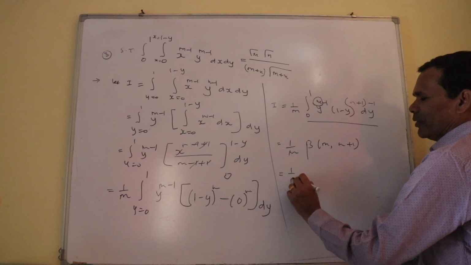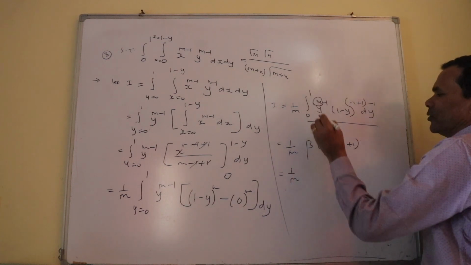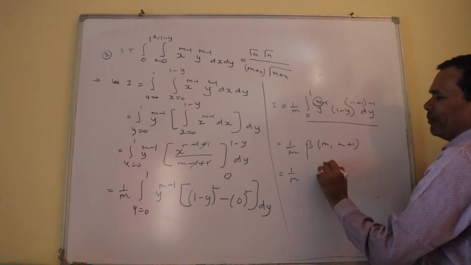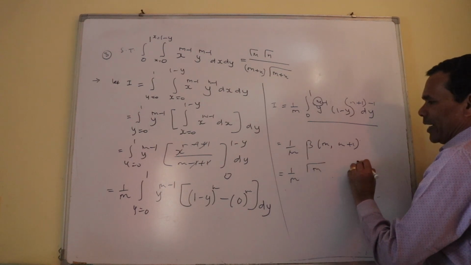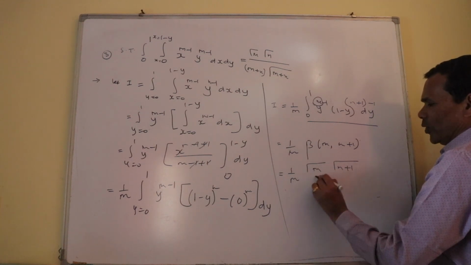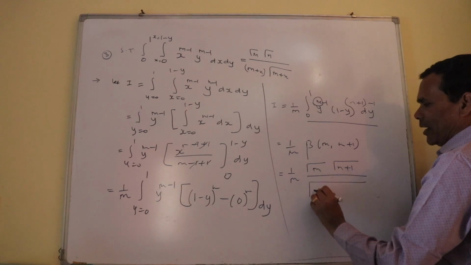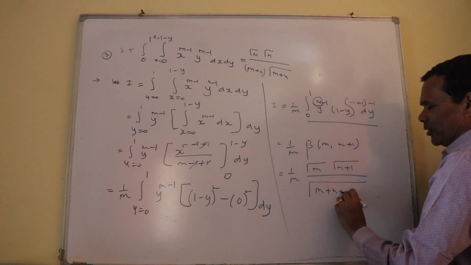So by the relation between beta and gamma function, beta m n is equal to gamma m gamma n divided by gamma m plus n. Gamma n plus 1 divided by gamma m plus n plus 1.